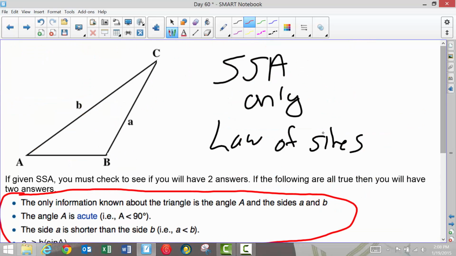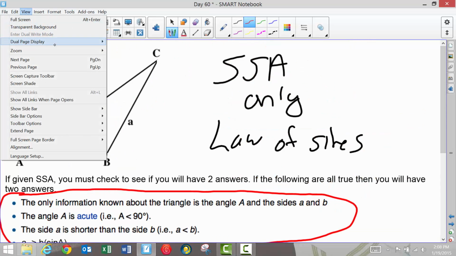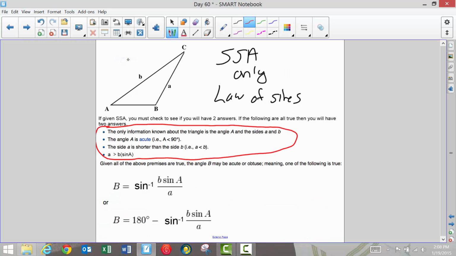So going back over to what our second possible answer will be. Since I had true for all three criteria, my answer is going to be the inverse of the ratio, and it's going to be 180 minus the inverse of the ratio.